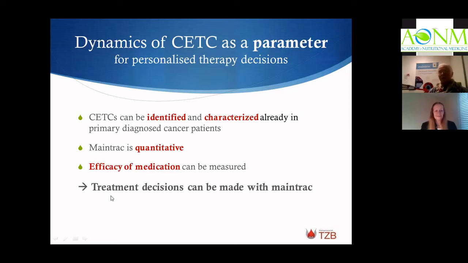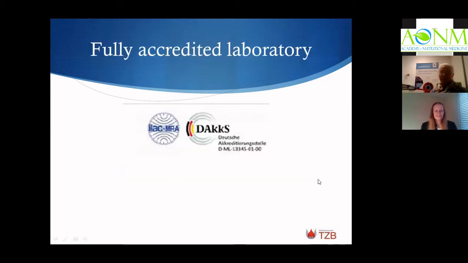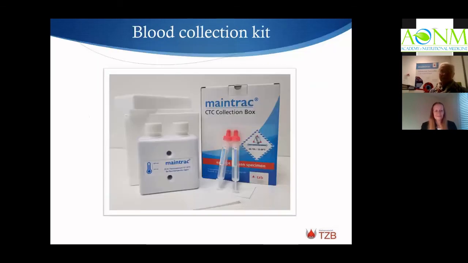And we think that in the future, and already now, treatment decisions can be made with the help of our method. We are fully accredited, and we are now applying for the CE certification in Europe.